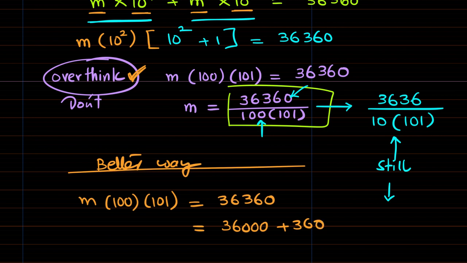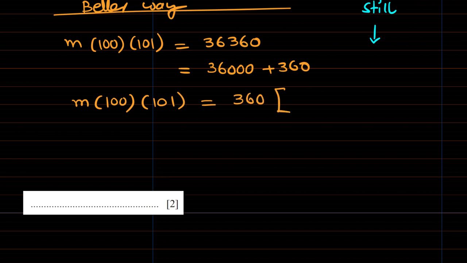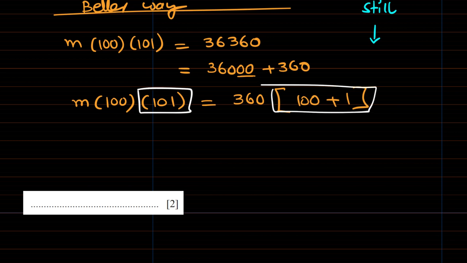There is no harm in double checking. 360 plus 36,000 is 36360. And then on the left hand side, I'm still writing the same thing as before. And let me take 360 common out. So I am left with 100 over here. I'm left with a 1 over here. Isn't this 101 and isn't this also 101?